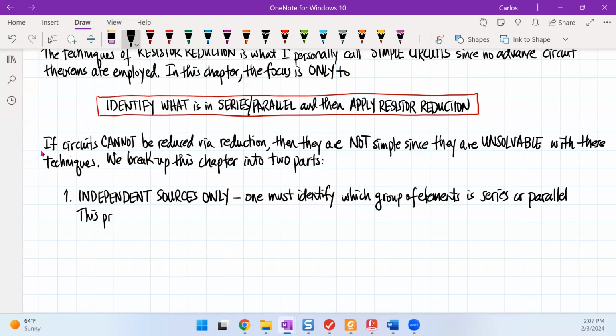This process is intuitively very important since one builds circuit intuition.